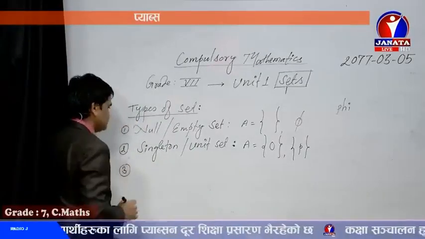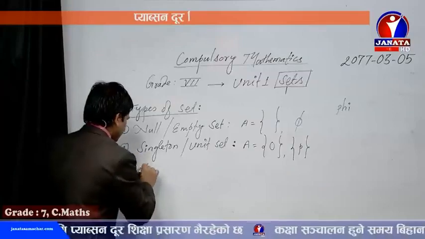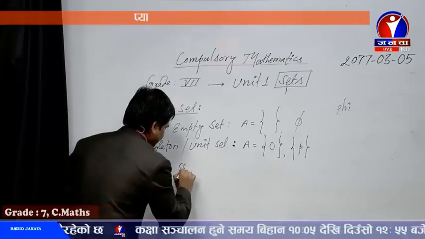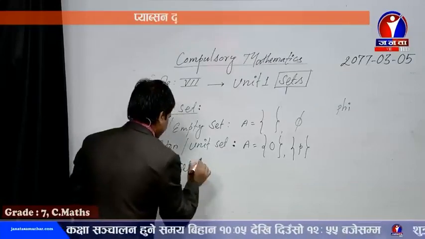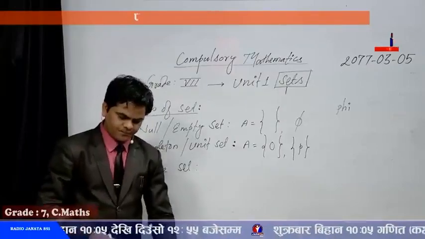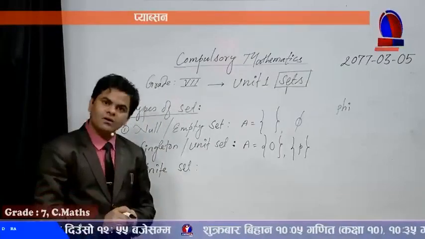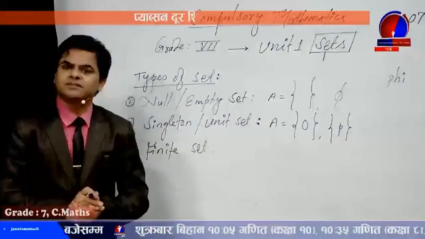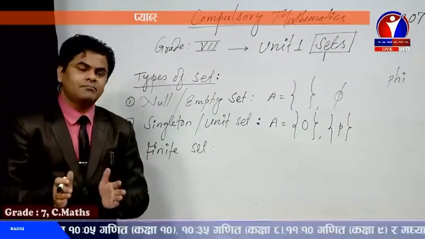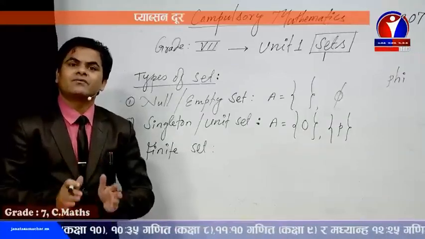Now number 3, finite set. Finite set means, dear student, a set having a fixed number of elements. A set having a certain number, but the last one should be well defined.